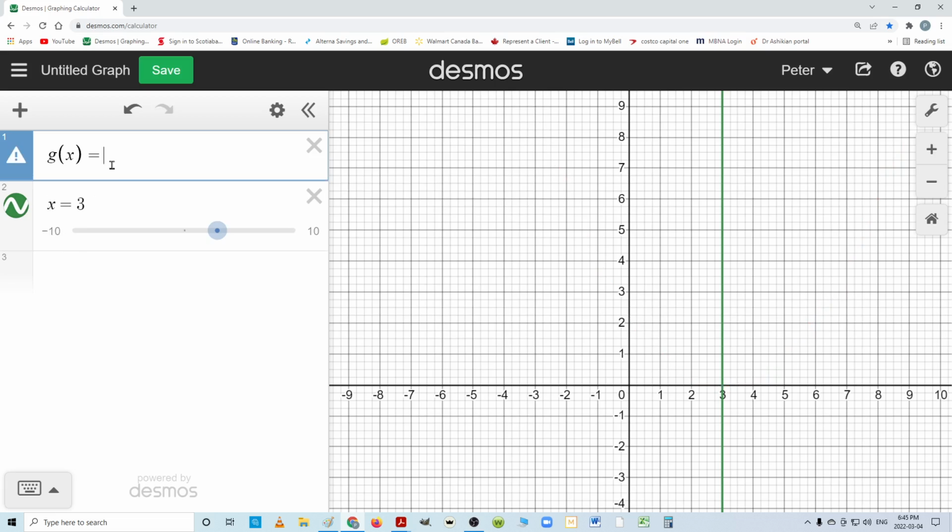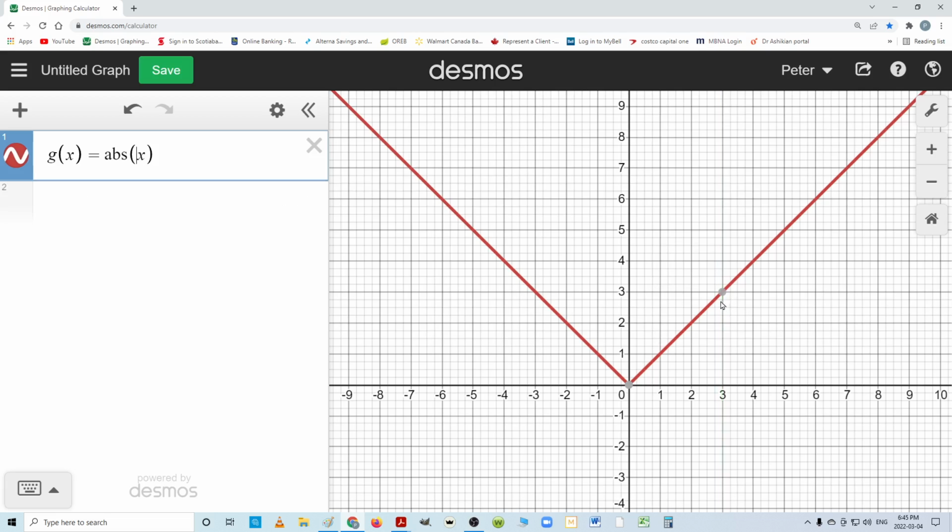Let's find an absolute value of x. There we go. And when I put the negative in it, you can't see it because it's flipping on the y-axis. All these points over here are jumping to this point, and this point is jumping over to there. So visibly, you can't really see it.